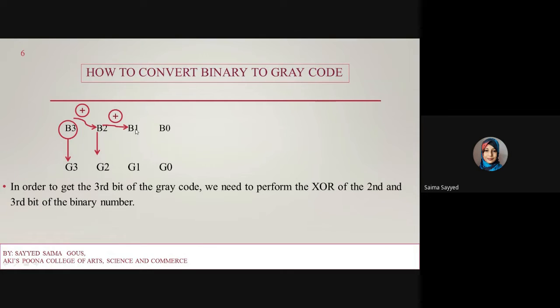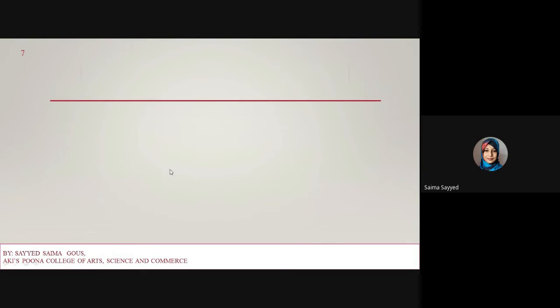The same goes for the next bit. The fourth bit is G0. So how to get G0? B1 XOR B0 will give you G0. In this manner, we have to convert binary into gray code.